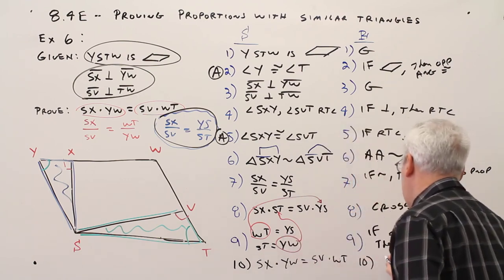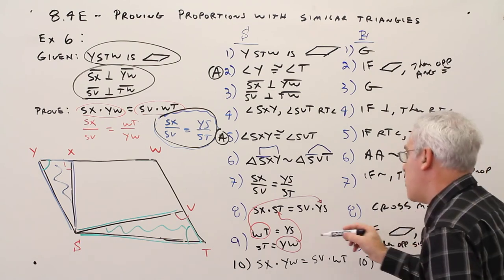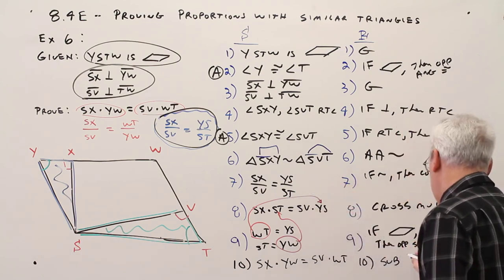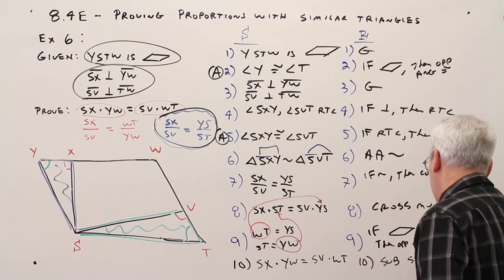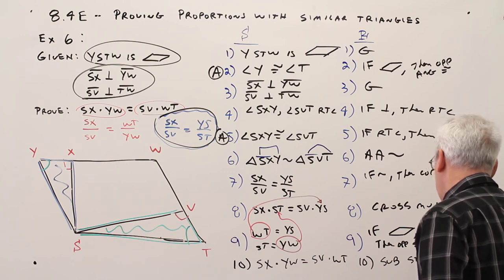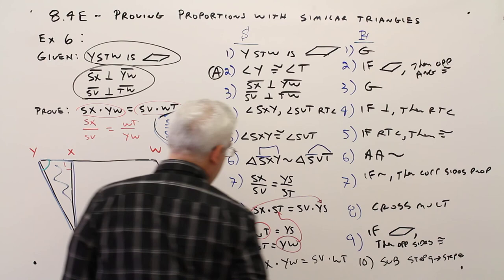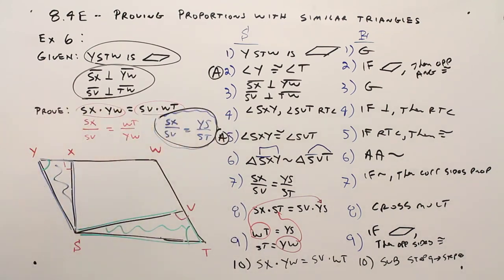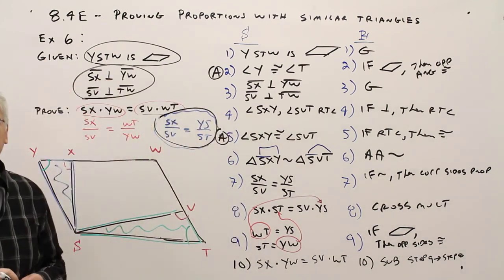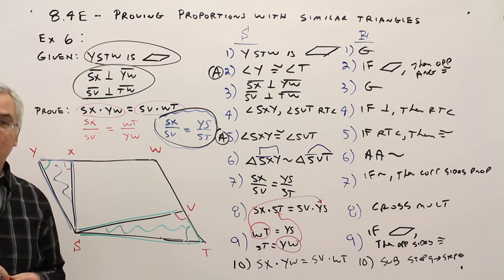And step 10, that would be substitution, step 9 into step 8. Whew. So there you have it. Another proof with proportions and similar triangles.